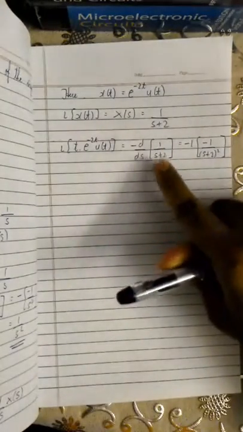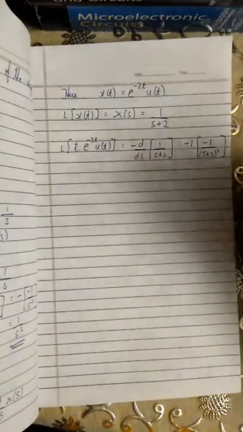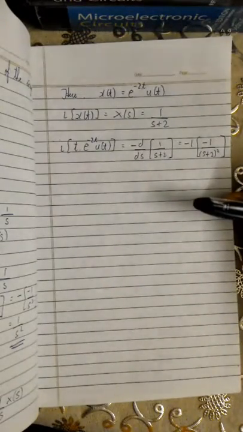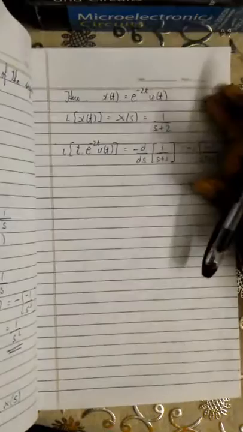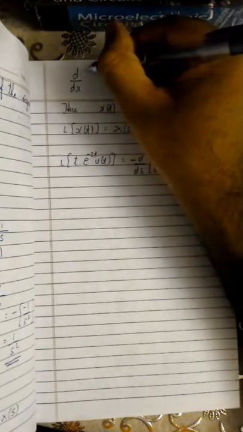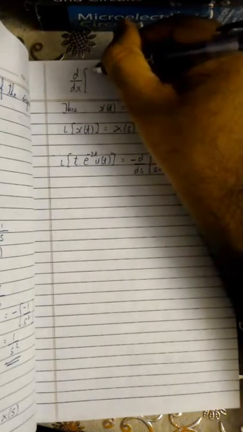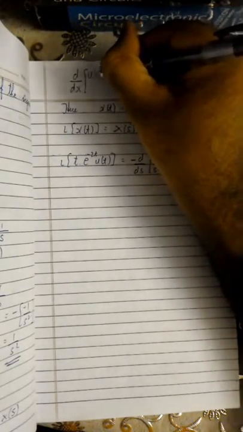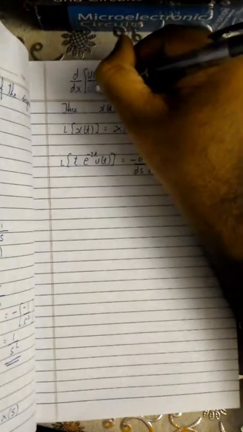Agreed. We have to learn some basic differentiation properties to do these kinds of problems. If you are not familiar with this property, simply memorize this equation, that is d by dx of numerator by denominator. Let the numerator be u of x and the denominator be v of x.